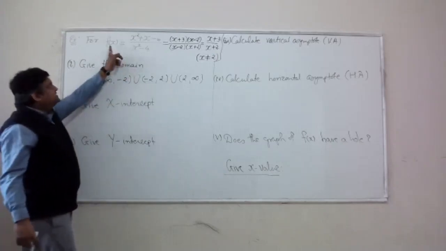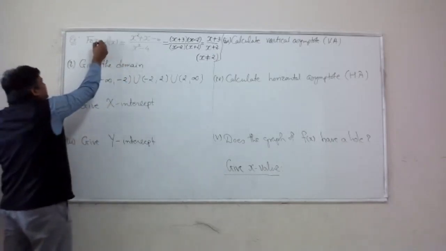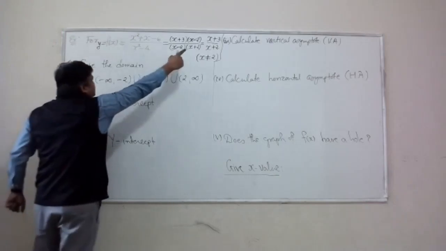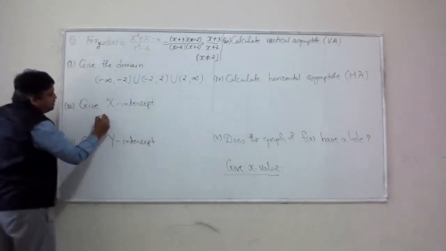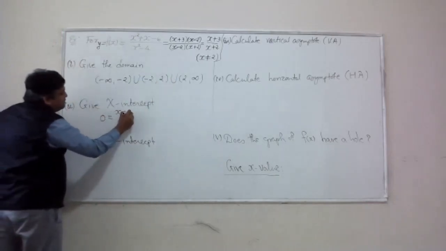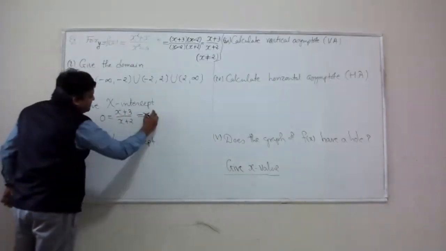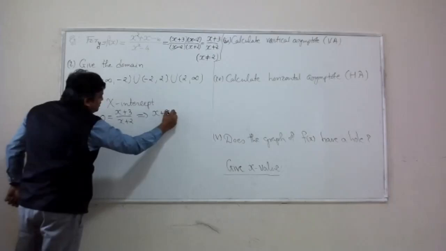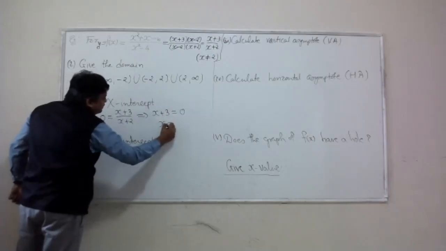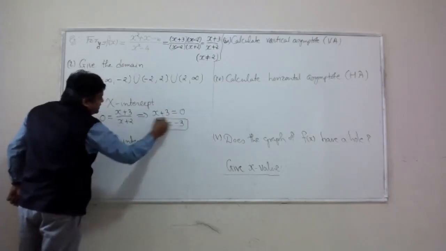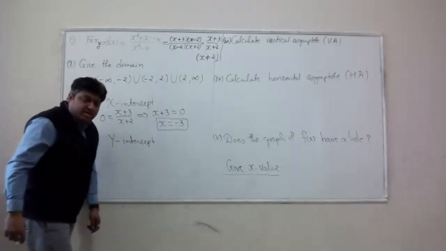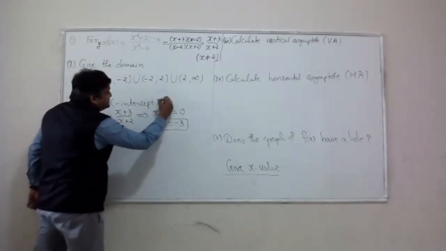How do we find the x-intercept? By setting y equal to 0. So set y equal to 0 and solve for x. Look, I'm setting 0 equal to (x plus 3) over (x plus 2). Multiply both sides by x plus 2 to eliminate the denominator and then solve for x. I get x equal to -3. What is the x-intercept?